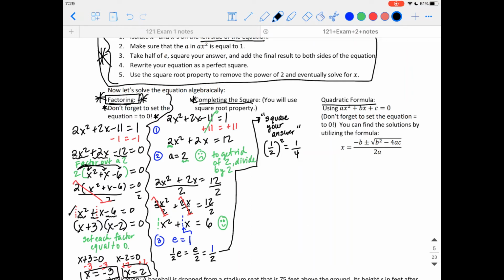Let me put here, add result to both sides of equation. So what is that going to look like? My equation right now looks like x squared plus an x, I'm going to leave a space, equal to 6. And I'm going to add 1/4 to both sides.